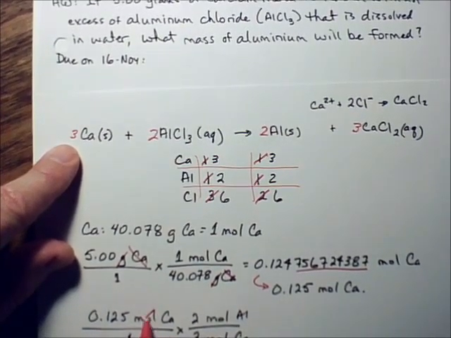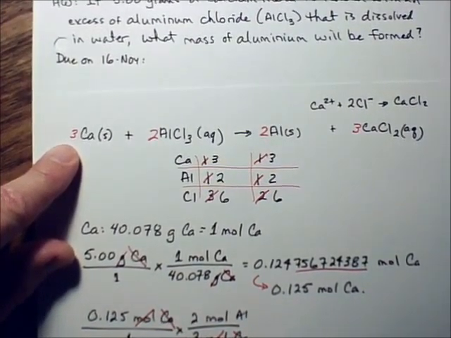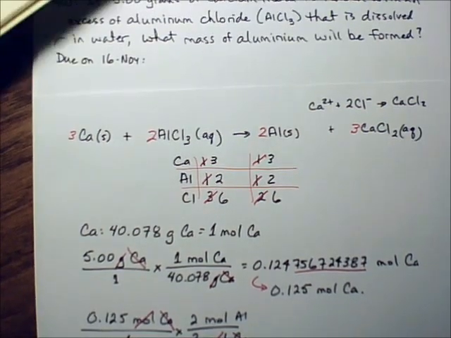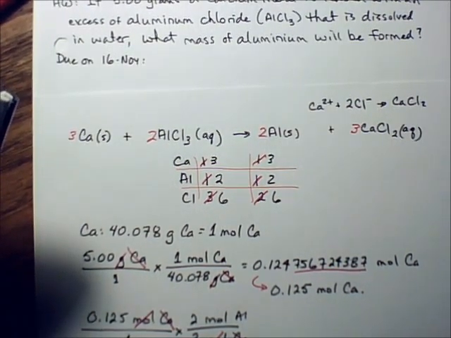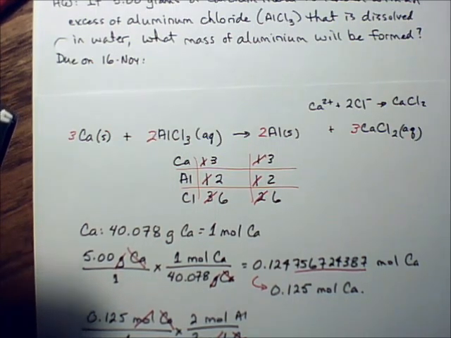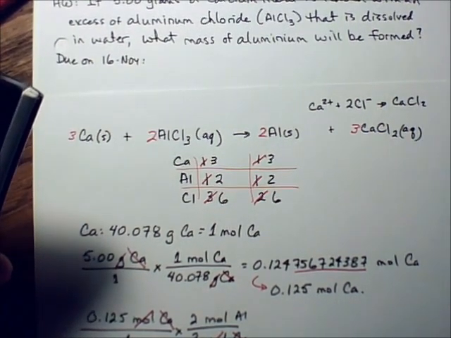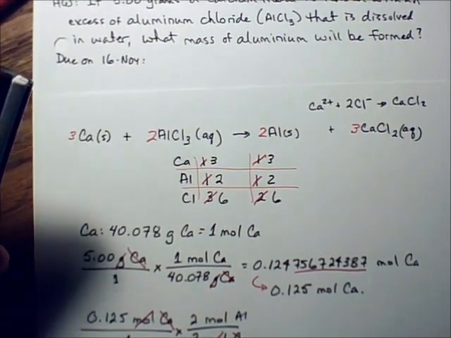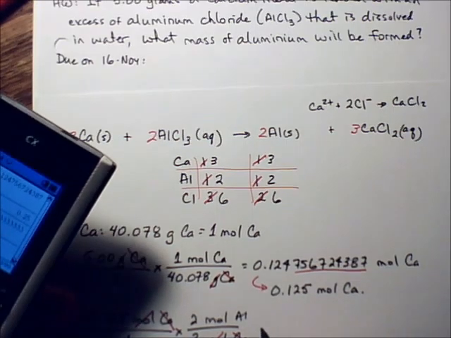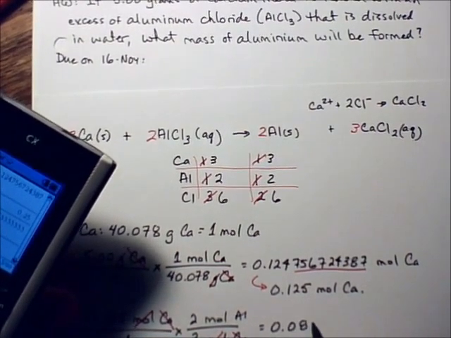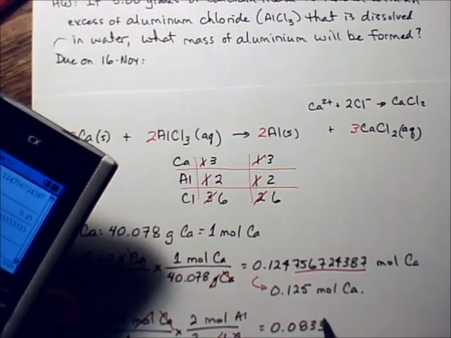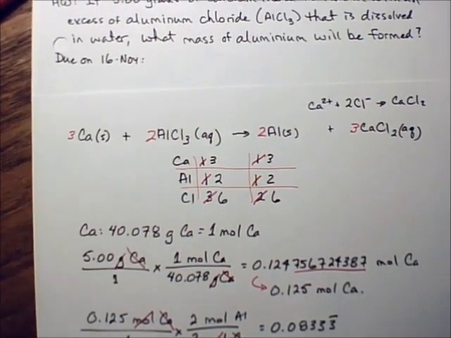Cancel the units of measurement, cancel the species, and do the math. So 0.125 times 2, enter, divided by 3, enter, and we get 0.08333, and this is a continuing 3.